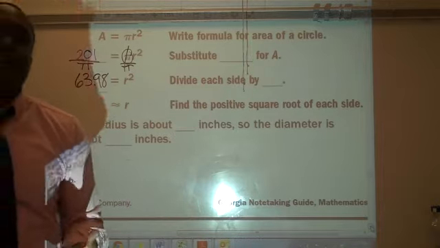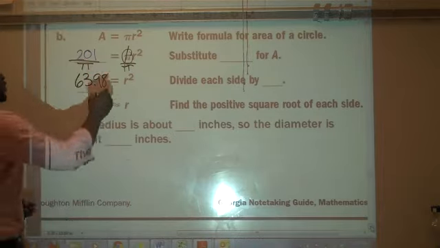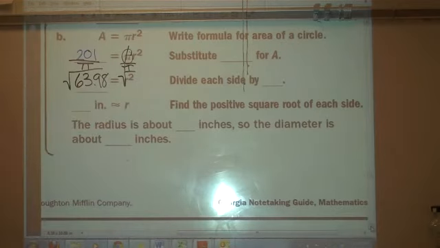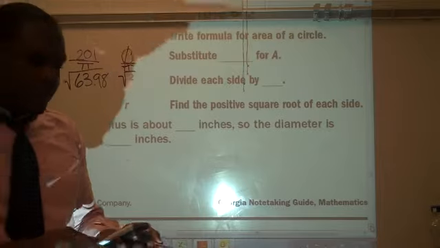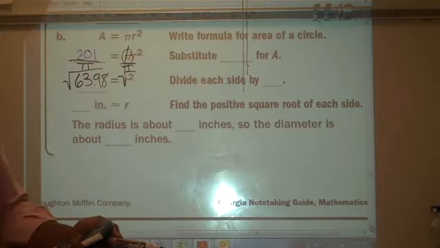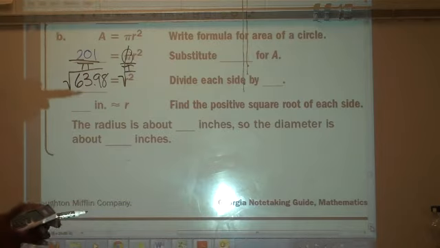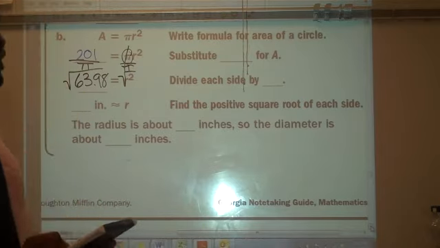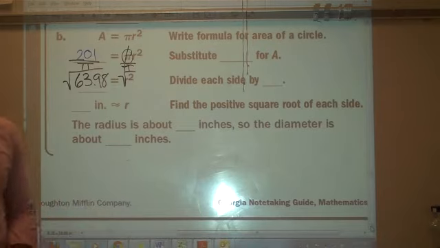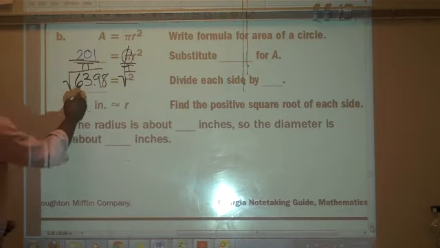That's the inverse operation. So I'll take the square root of both sides. In your calculator, you can press second square root, second answer, that'll give you the full number, or you can press second square root of 63.98, and that gives me about 7.998, or I'll just round this to about 8 inches.